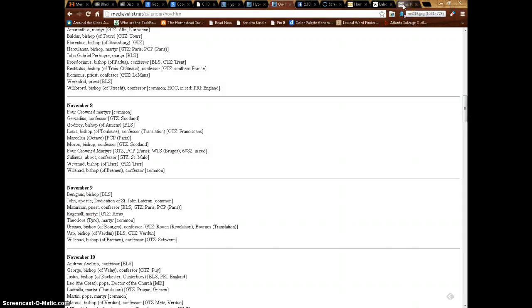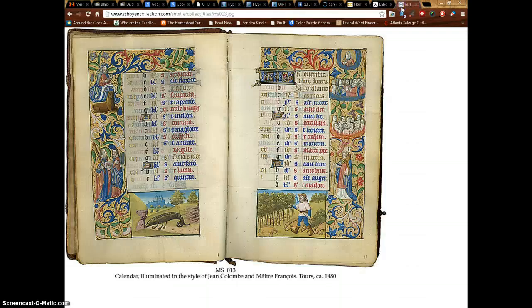Notice how many of these books have got Paris as the people in their saints in this calendar. I'm willing to bet one of the things that I might suggest is that this book was made for somebody in Paris or from around that area, because all of these local people are from Paris. Let's see what we've got.